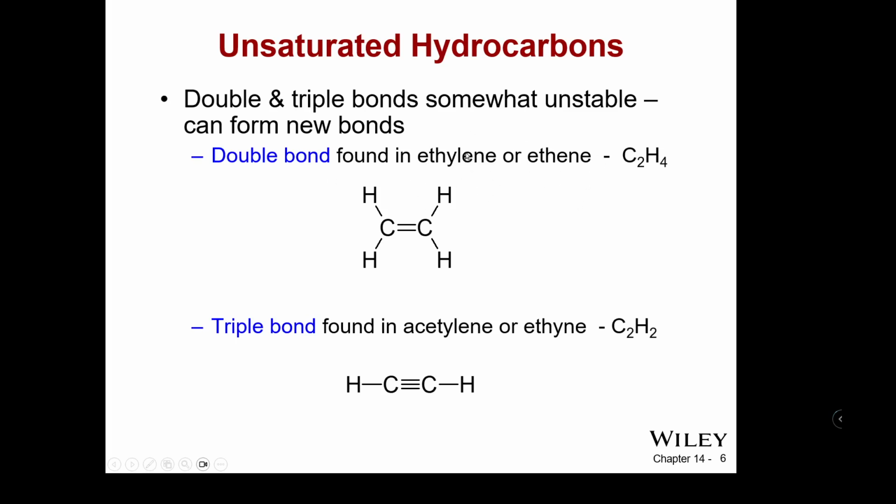So an ane, A-N-E, single bond, ene, E-N-E, double bond, yne, Y-N-E, triple bond. Acetylene gas is what this is often called, but it's actually ethyne, which is a little bit different. So this is ethene and this is ethyne.